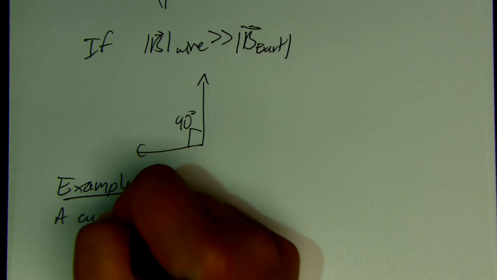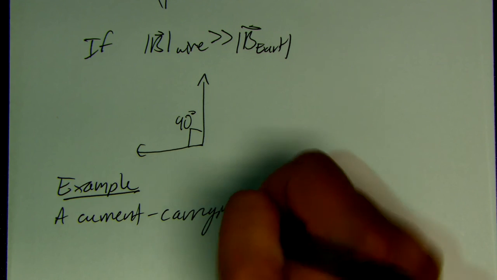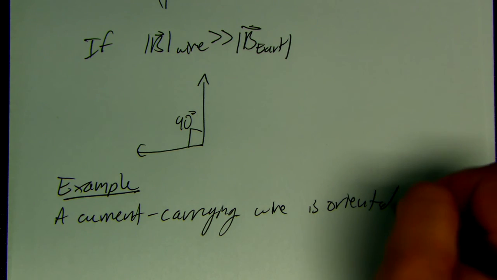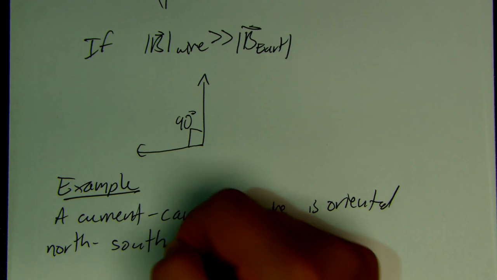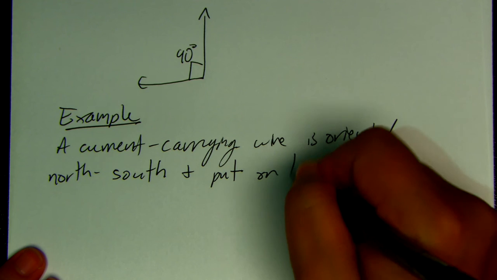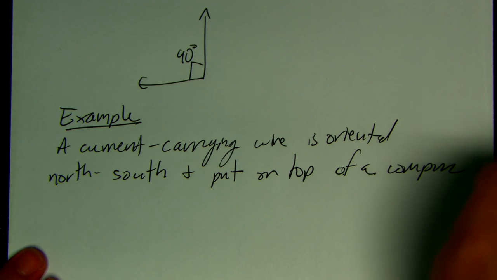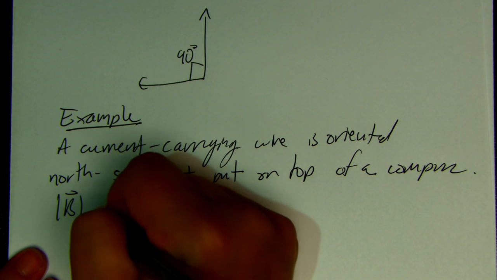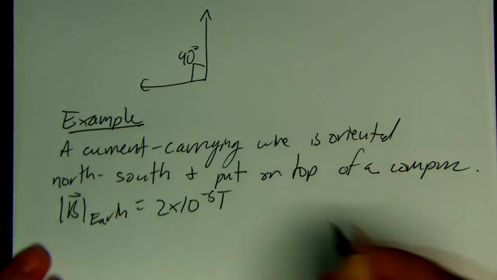A current carrying wire is oriented north, south, and put on top of a compass. The magnetic field of the Earth is 2 times 10 to the minus 5 Tesla.